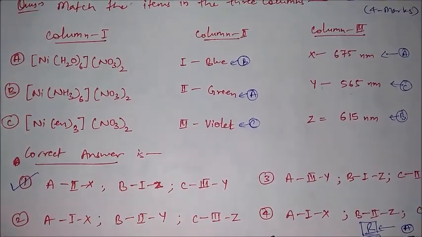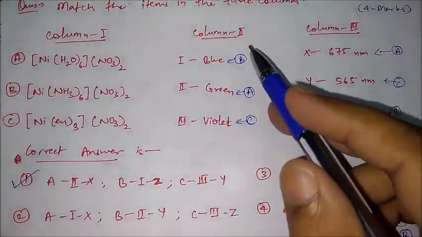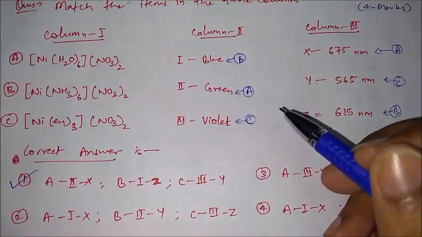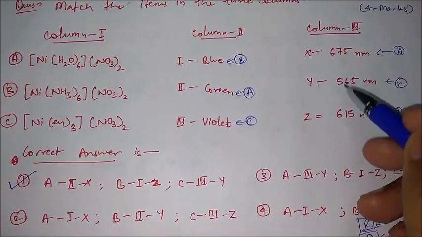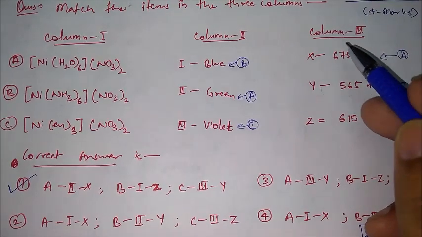Now if you don't remember the table, if you don't remember these values, then how can you assign these? For that you have to do something. Up to here you can easily assign the wavelengths. Now you have to see which of these is the highest one.